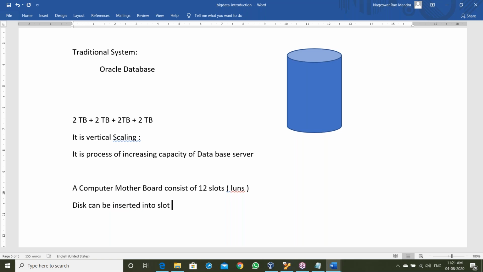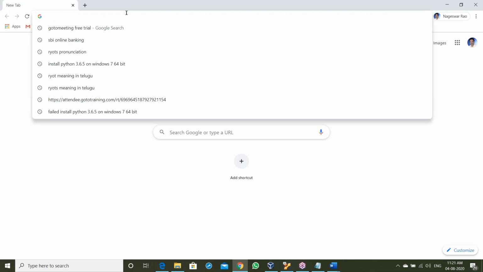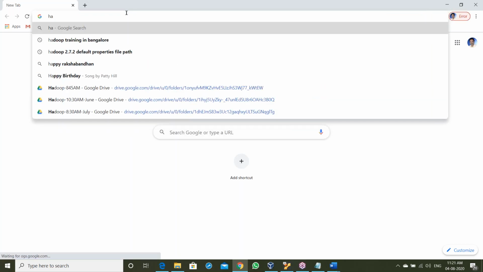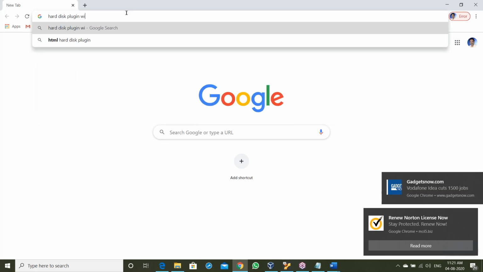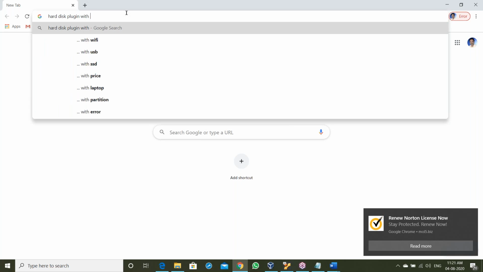Disk insertion, the hard disk. Just try to check your system: you can see the hard disk and cables. The hard disk plugs in with the motherboard.